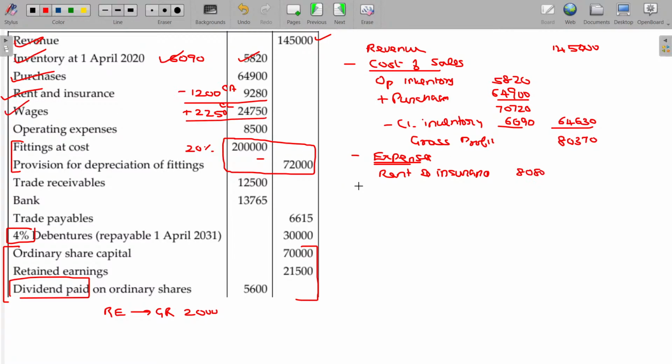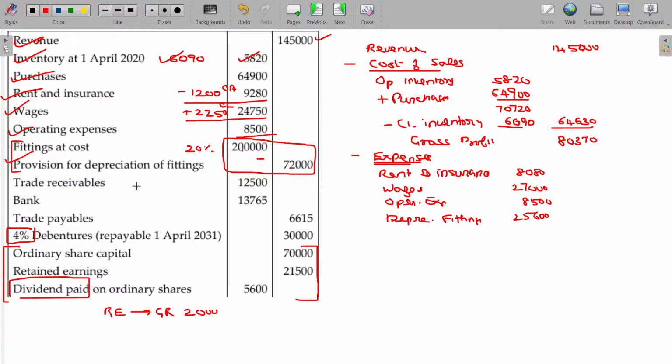Wages, you have to add these two, as there is an outstanding, should be addable, so 27,000. Operating expenses 8,500 should be a part of expenses. Depreciation on fittings: 2 lakhs minus 72,000 is 1,28,000, on that 20%, 25,600.